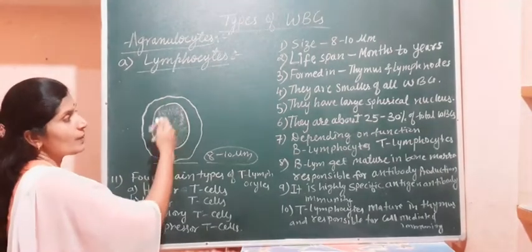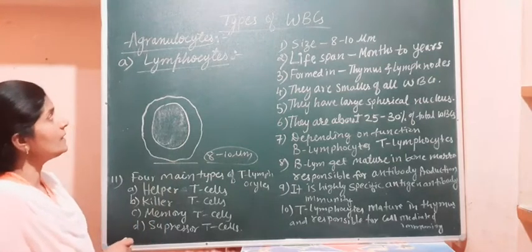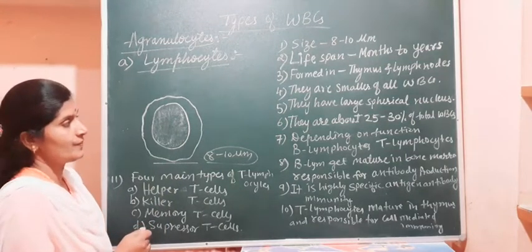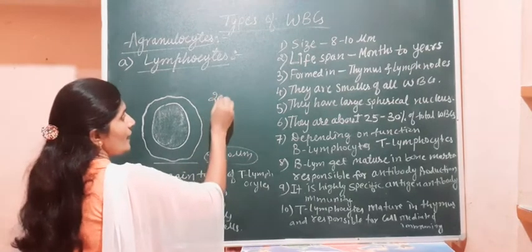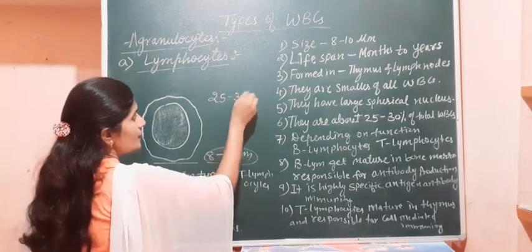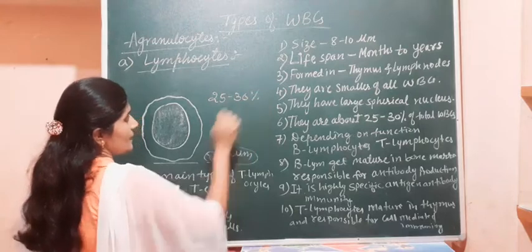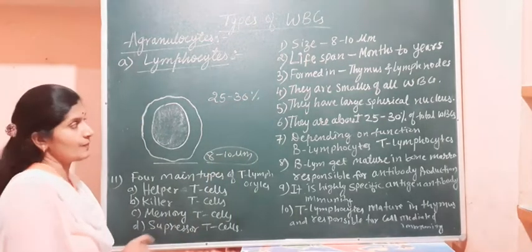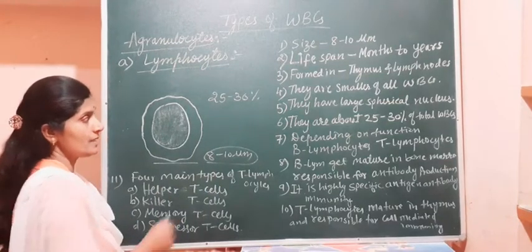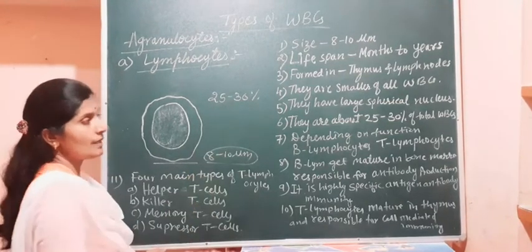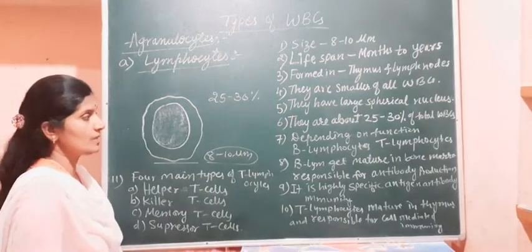Such a big nucleus is present in the lymphocytes, and their total count is 25 to 30% of total WBCs.